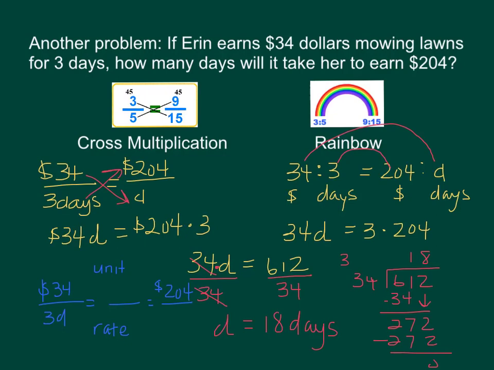But for this particular problem, to change this to a unit rate, 3 will go into 34 eleven times, and then I'm going to have a fraction, a third. And so then I'm going to have to multiply that fraction to get the 204. So in this particular instance, it is much easier to use either the cross multiplication method or to go ahead and use our rainbow method of multiplication.